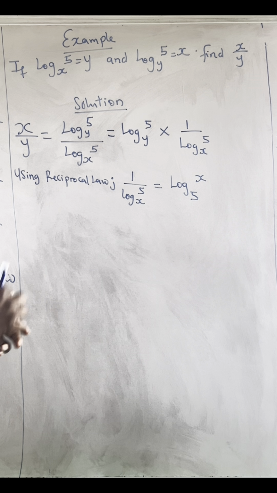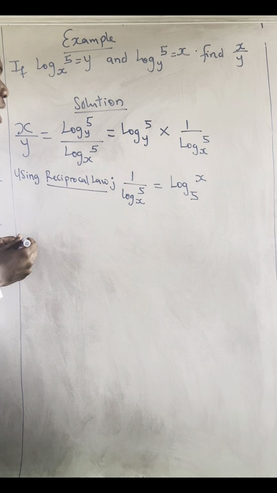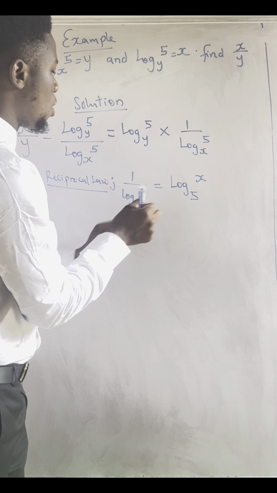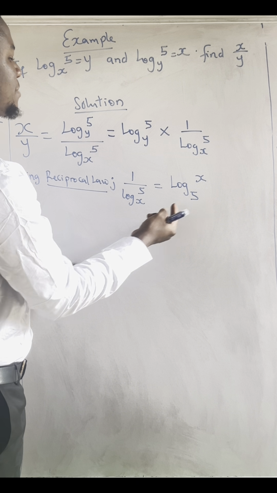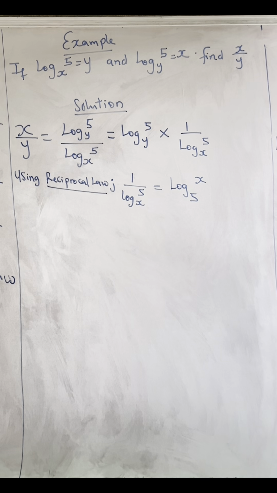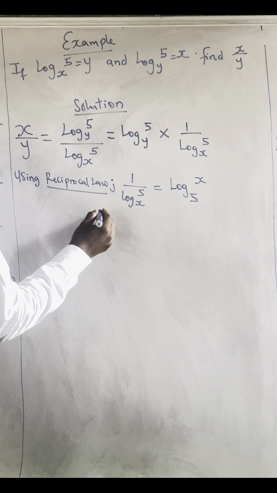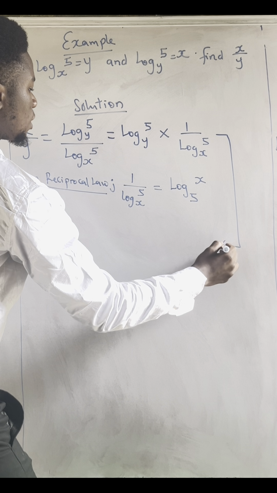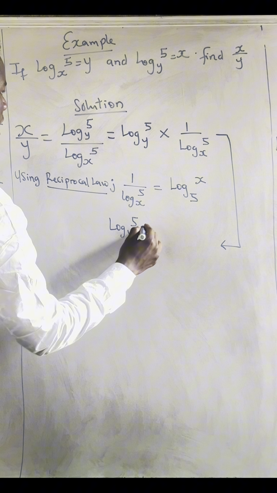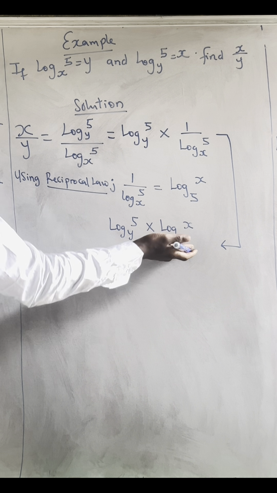Reciprocal log, guys. Right? Like this. So that reciprocal log is here, 5 base 1 base 5.